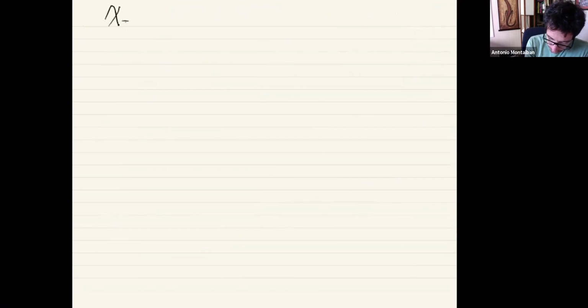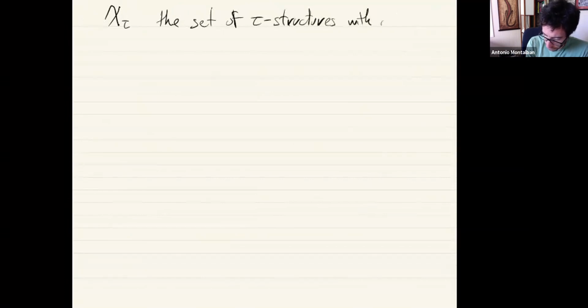This guy up here is the set of tau structures with domain the natural numbers. You remember we did this. Just to simplify, let's assume tau is relational.